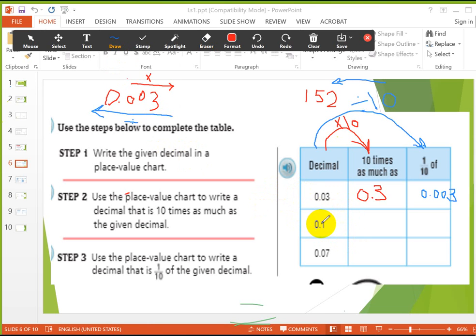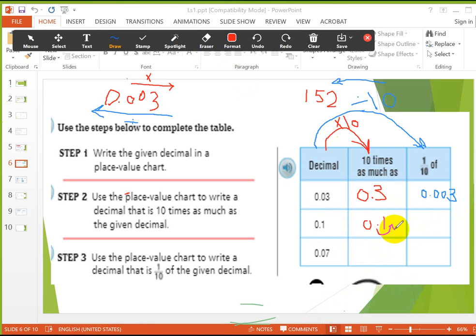Now let's apply another example. I want to multiply this number by 10. 0.1. What I have to do? I have to move the decimal point to the right side. Look, this is 0.1. I want to move the decimal point to the right side, so it will be from here to here.